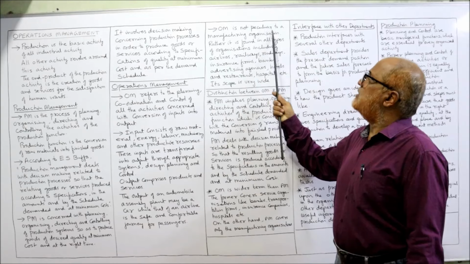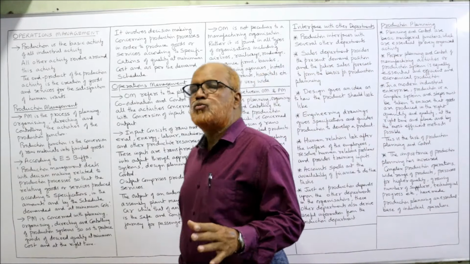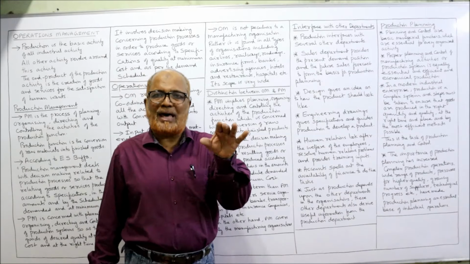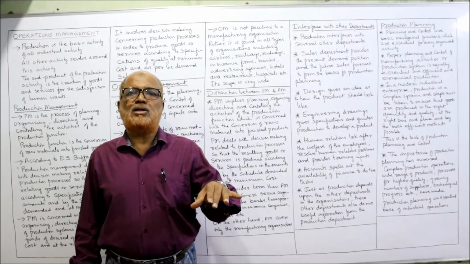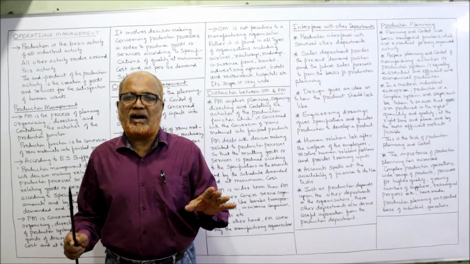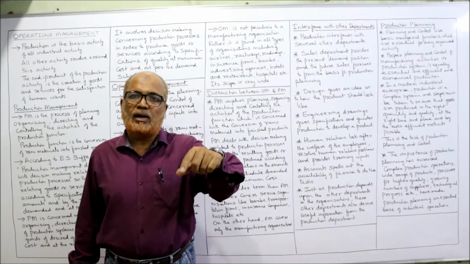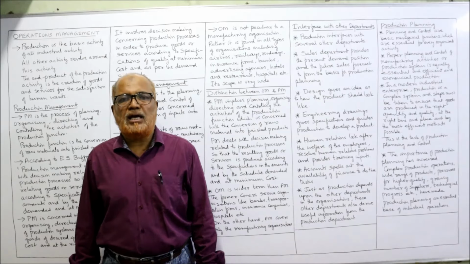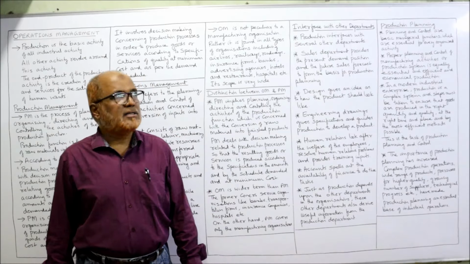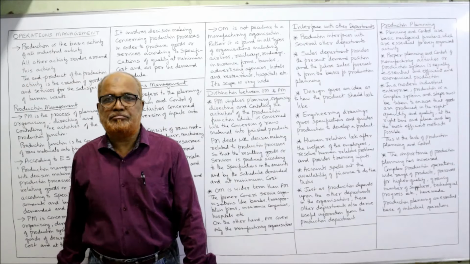Operations management is not peculiar to a manufacturing organization. Actually, production management is concerned only with the manufacturing of goods, whereas operations management is not confined only to manufacturing, but also relates to non-manufacturing organizations which are engaged in providing services. So it is found in all types of organization.